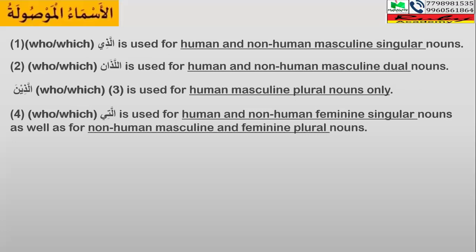Because non-human plurals are treated as singular feminine in Arabic, so we use this allati. So allati is used in three situations: human singular feminine, non-human singular feminine, and non-human masculine and feminine plural. Three ways.